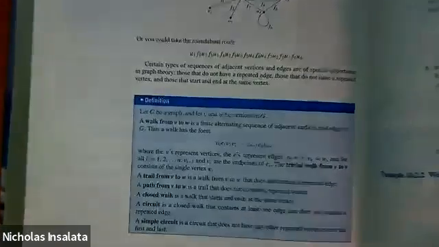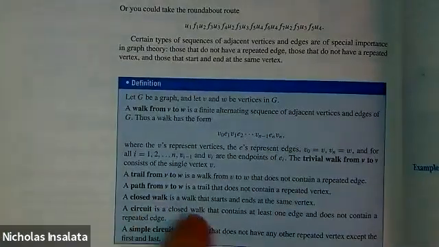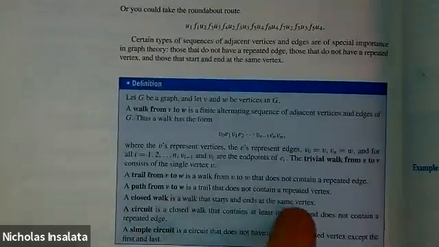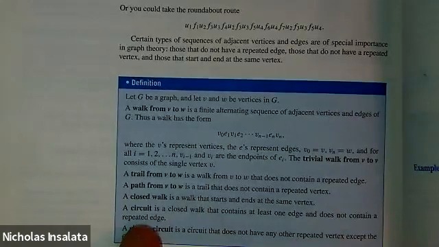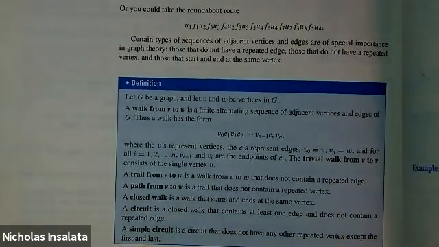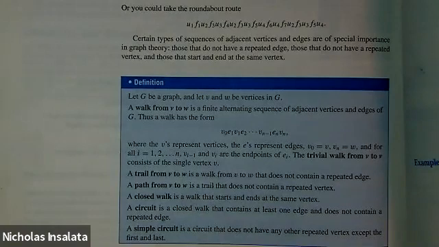So a circuit is a closed walk, which means a walk that starts and ends at the same vertex, that contains at least one edge and does not contain a repeated edge. So the definition of a circuit does not say that it stays connected if you remove an edge. I think that's something we would have to argue or prove or justify in some way, right?